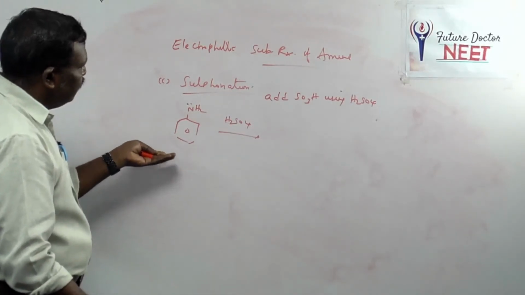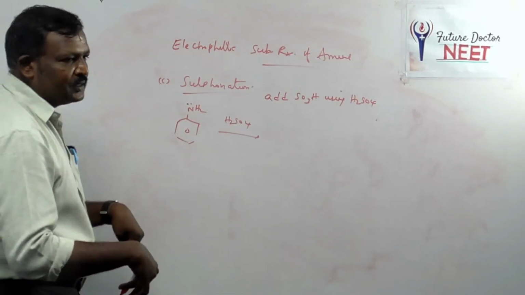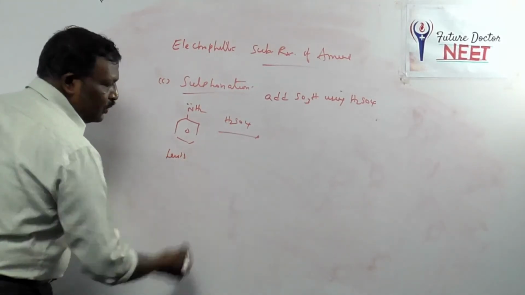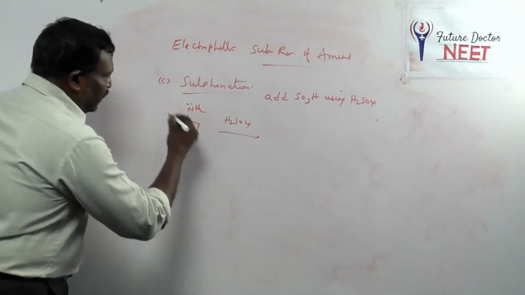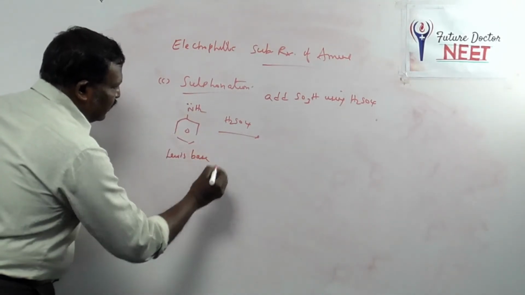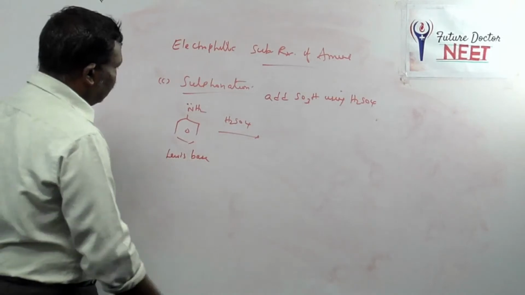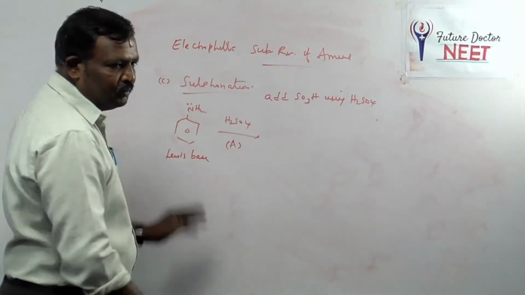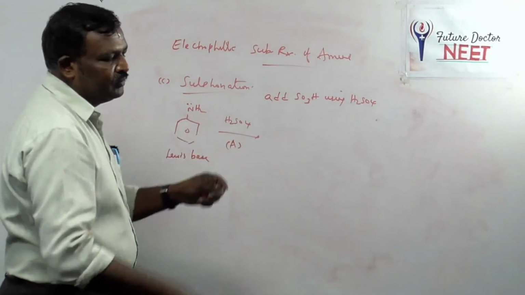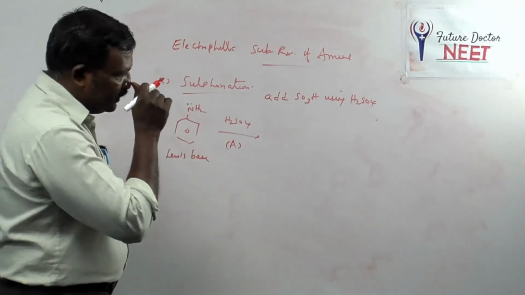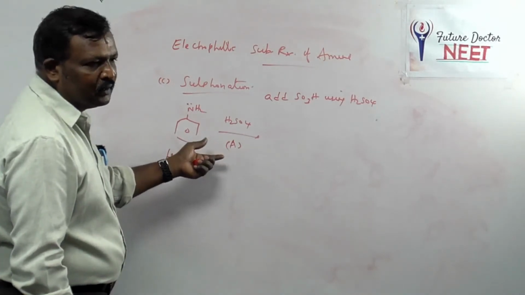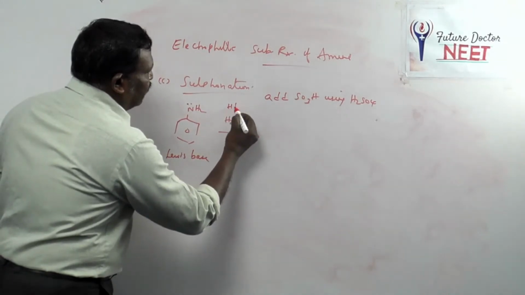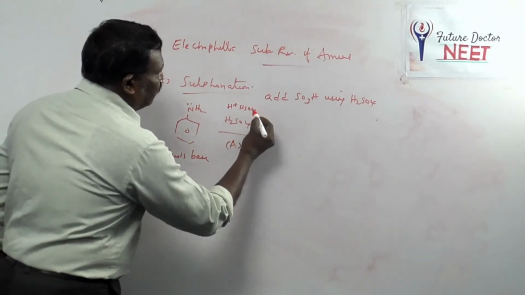Electron donor is called base, electron acceptor is called acid. According to Lewis theory, amines are Lewis bases. Base and acid form a salt. For our convenience, we can write H plus, HSO4 minus.